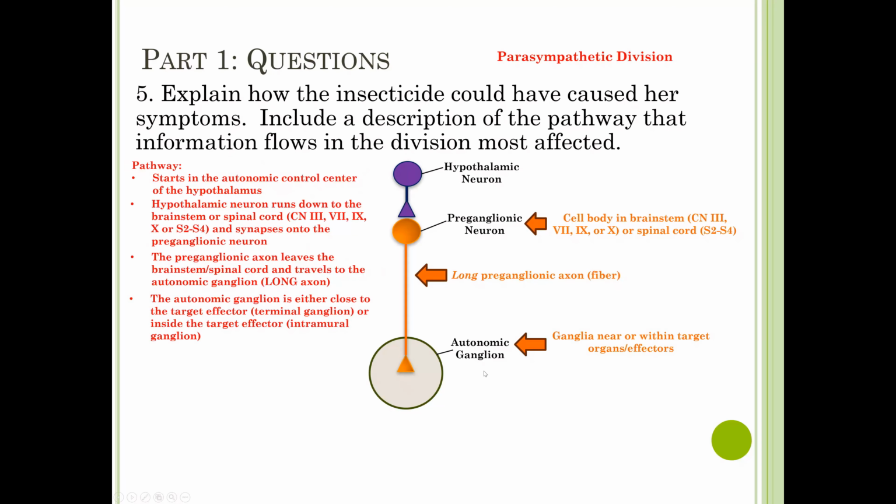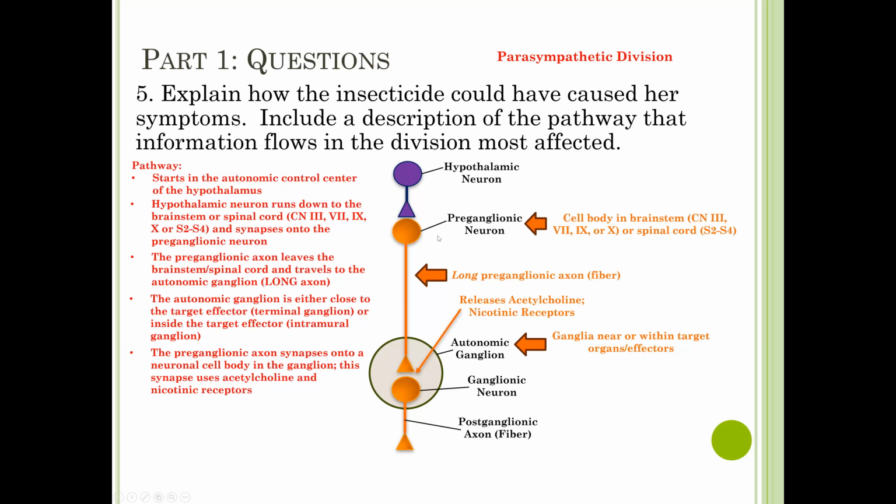So the autonomic ganglion in the parasympathetic division is going to be either close to the target effector, and we call those terminal ganglia, or it's going to be inside the target effector, and we call those intramural ganglia. So the ganglia are near or within the target organs and effectors.